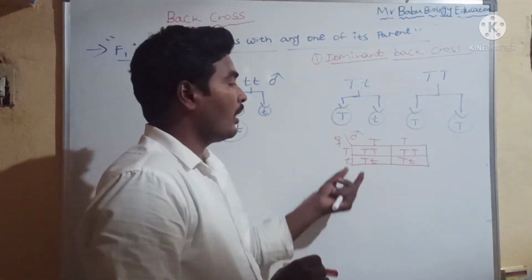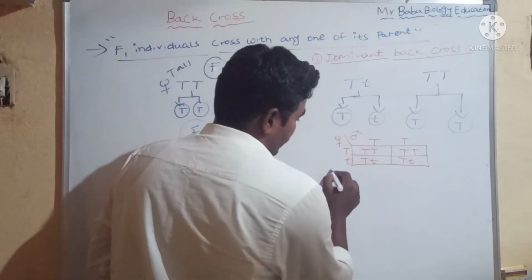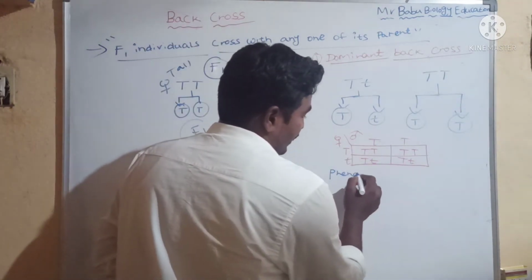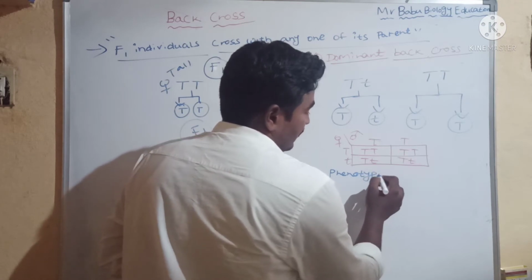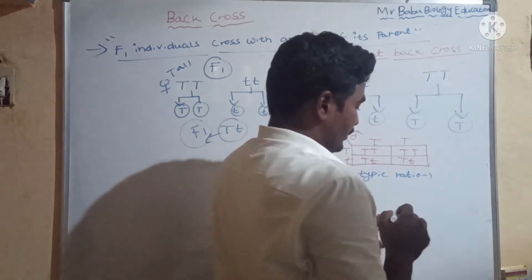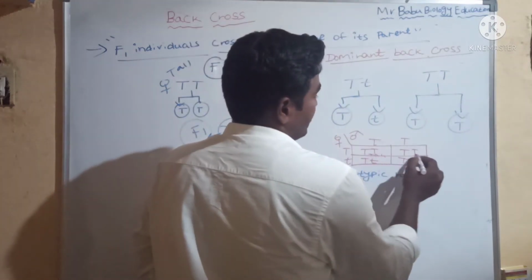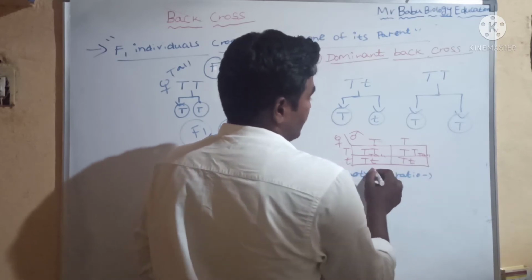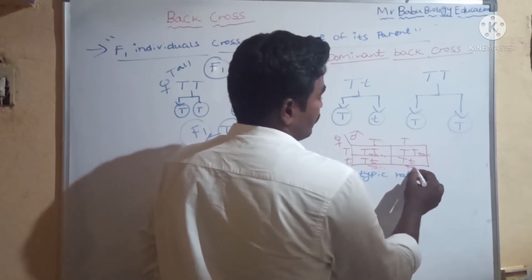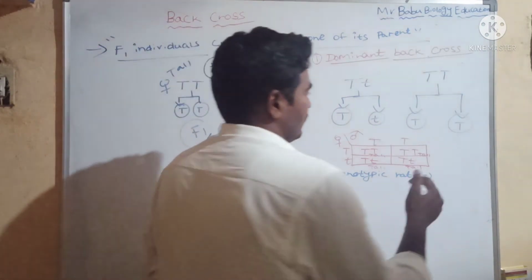So what is the probability here? Phenotypic ratio: this is tall, this is also tall, this is also tall. So phenotypically all are tall.